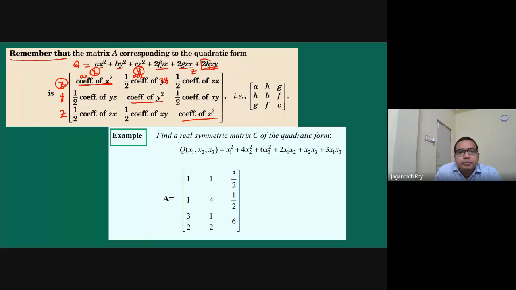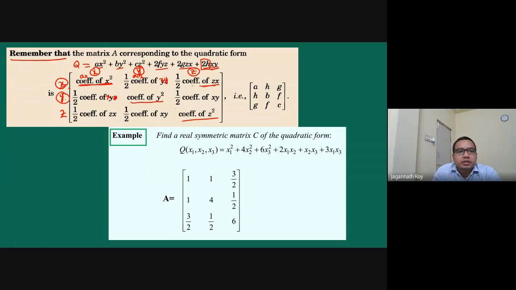Okay. So similarly, x times z, so half of the coefficient of zx. Okay. And y times x, the coefficient will be half of the coefficient of xy. Okay.